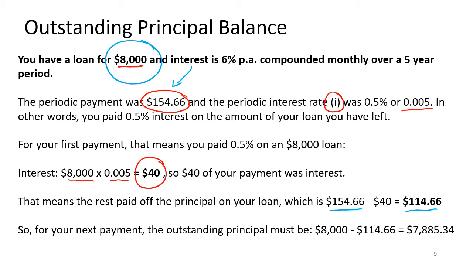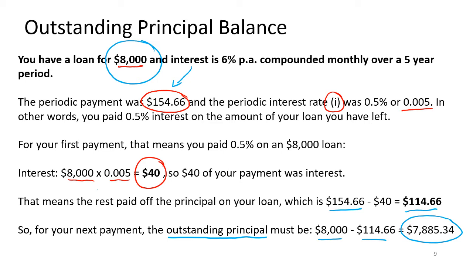So for your next payment, your outstanding principal, again, we're talking about the outstanding principal balance, must be $8,000 minus that amount you just paid off. Or in other words, when you look at your second payment and you're calculating interest, the principal is $7,885.34. Okay?